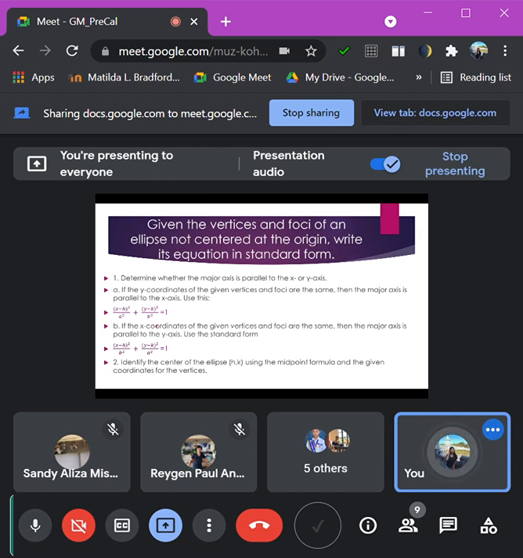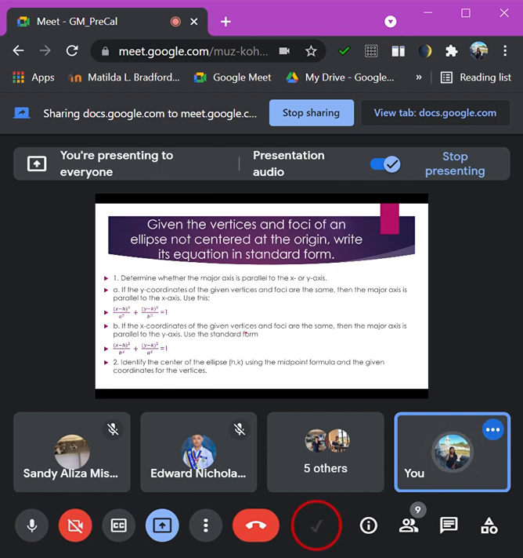Okay, remember ha, kung ang iyang x-coordinates kuno kay the same. Well, ang kani, kung y-coordinates niya kay the same, x-axis iyang major axis. Pero kung iyahang x-coordinates kay pariha ang iyang coordinates sa vertices ug sa foci, y-axis ang iyahang major axis.